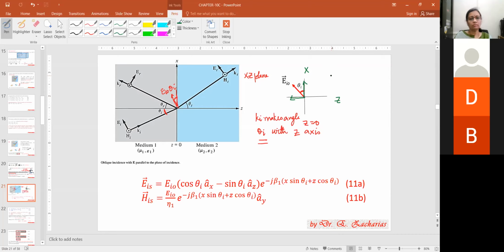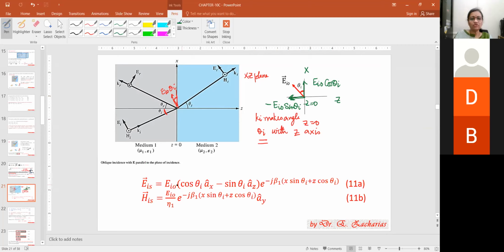The components will be Ei naught cos theta i along the ax cap direction, and similarly minus Ei naught sin theta i in the other direction. Minus because it is going towards negative z, and this plane is z equal to 0. Clear now?